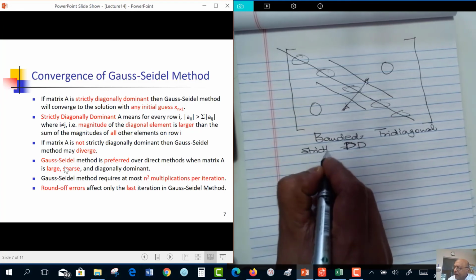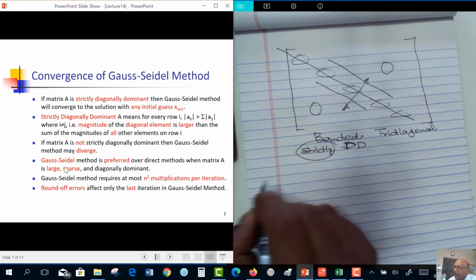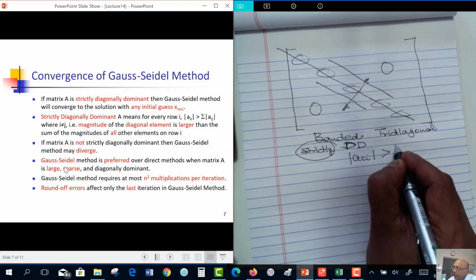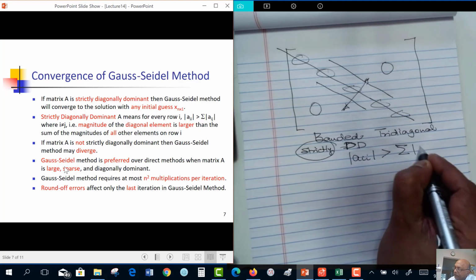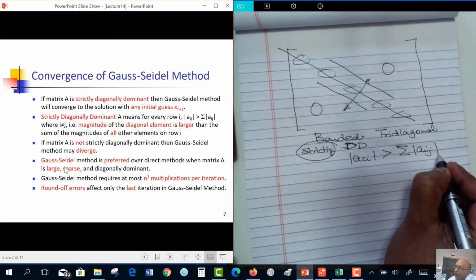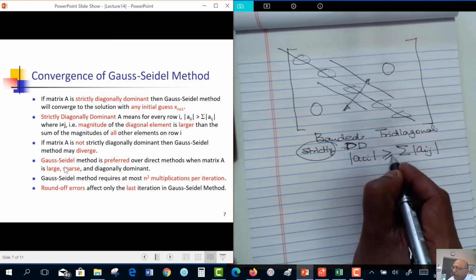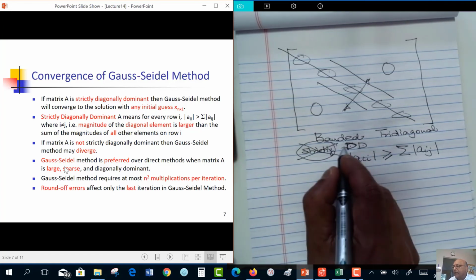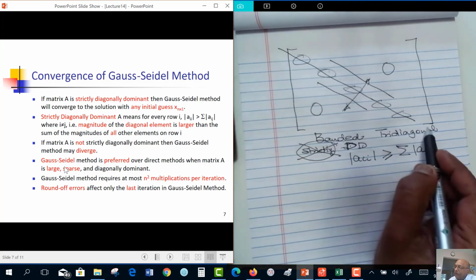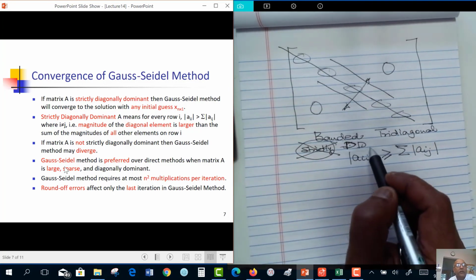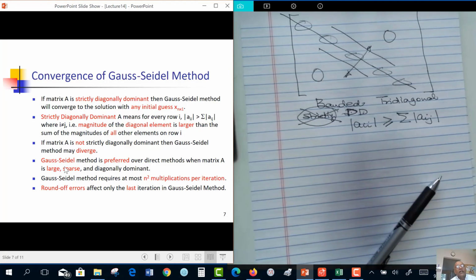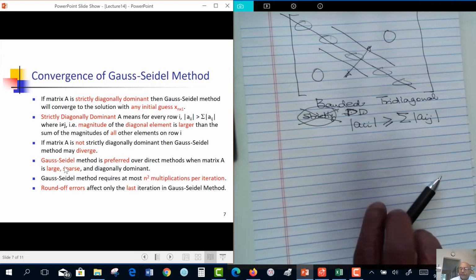Generally, they may not be strictly diagonally dominant, because strictly means Aii is strictly greater than all the sums, right? But if we say it could be equal, not necessarily strict, then it is just diagonally dominant. And that often is the case in engineering problems. And therefore, even though there's no strict guarantee, usually Gauss-Seidel method converges.